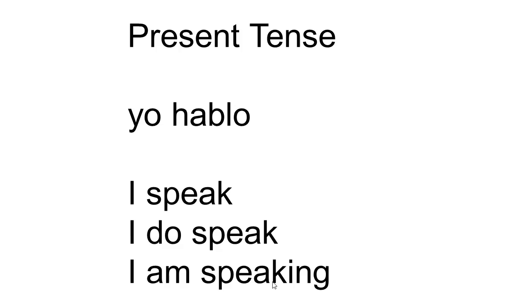Now, there's another way to say it. You could say estoy hablando. And the only difference is that when you say estoy hablando, it only means that it's happening right at this moment. It emphasizes the fact that it's occurring at the present moment.